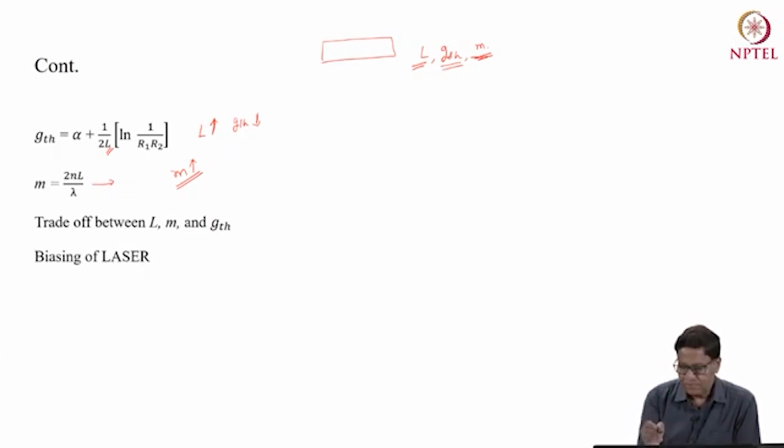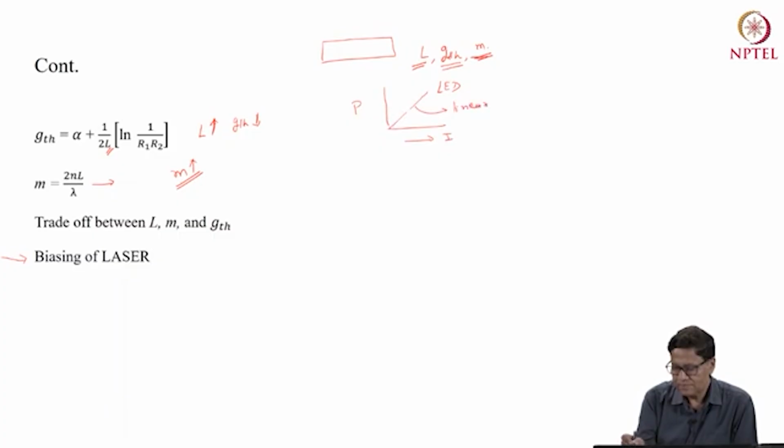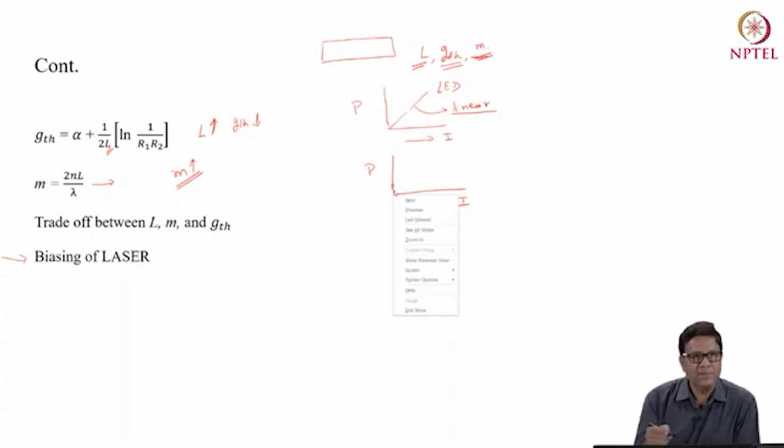Now, let us try to understand how do we bias a laser. So if you see the characteristic of a LED, for example, that is, if I change the current here and the power here, it is almost linear. Whereas in case of laser diode, when I am changing the current and this is the power, so initially, population inversion has not happened.